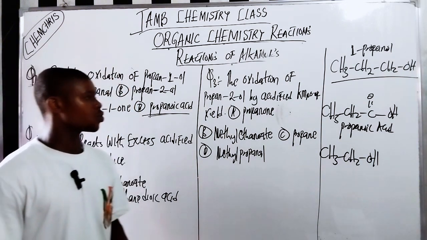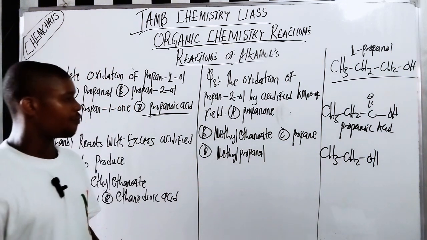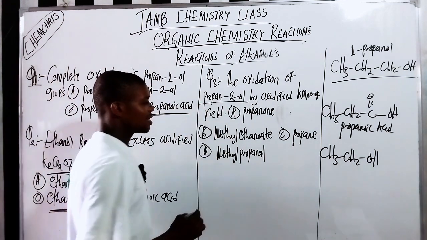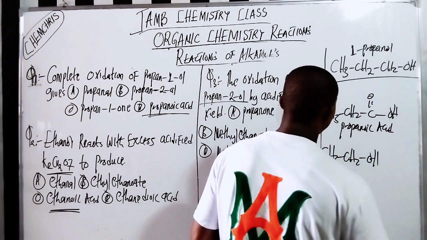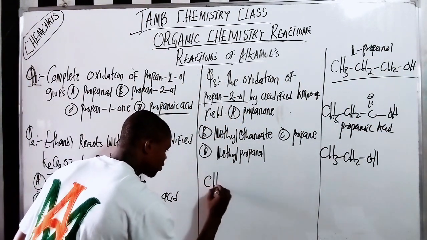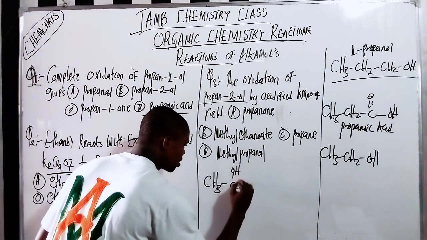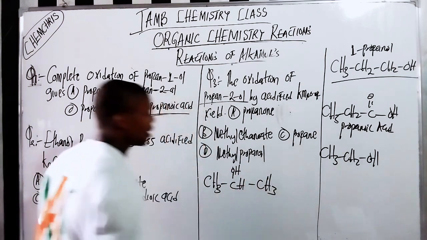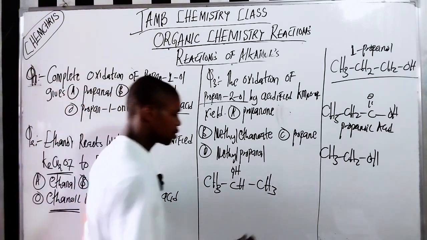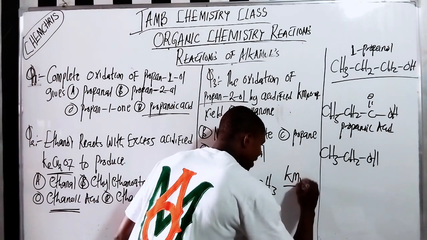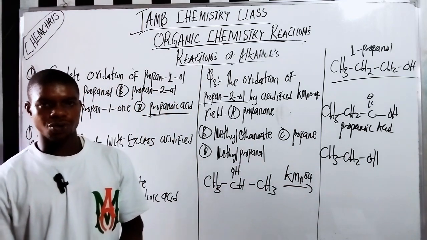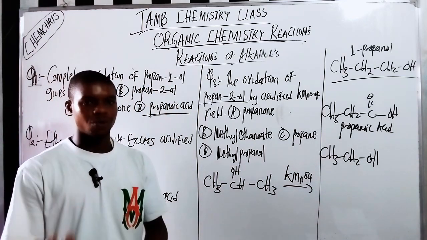The oxidation of propan-2-ol with acidified KMnO4 is what? Now, this is a secondary alcohol. We have CH3CHOHCH3. When you oxidize it with KMnO4, remember I told you that secondary alcohol is oxidized to ketones, or alkanones, right?